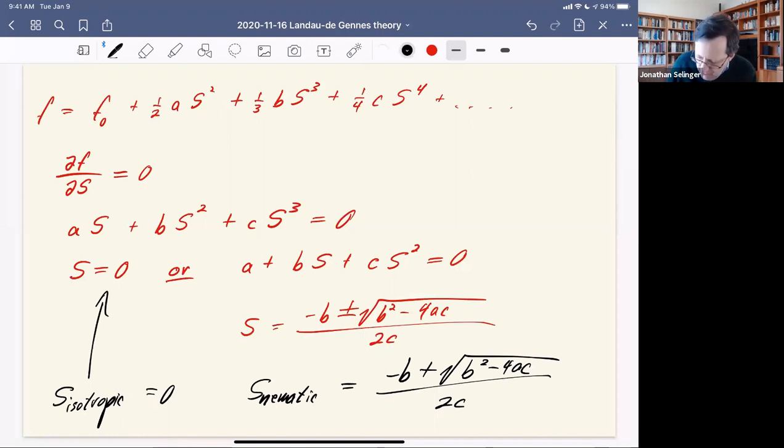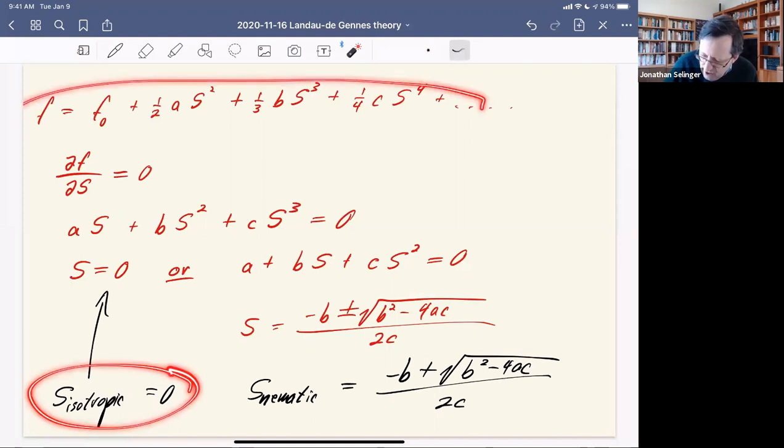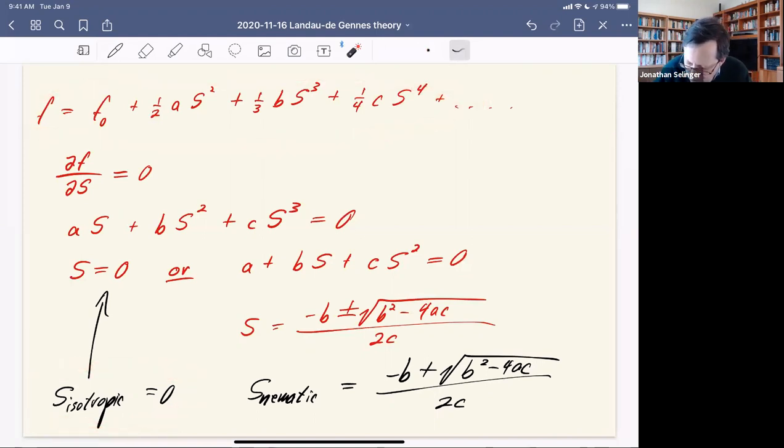Okay. So if I put this thing into here, that gives us that F isotropic is just F0.